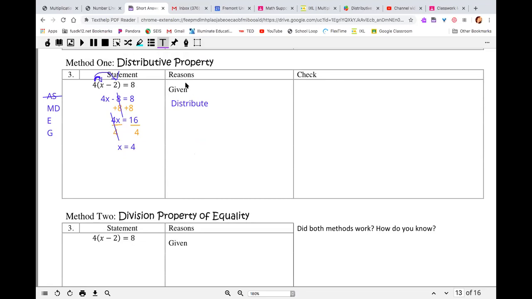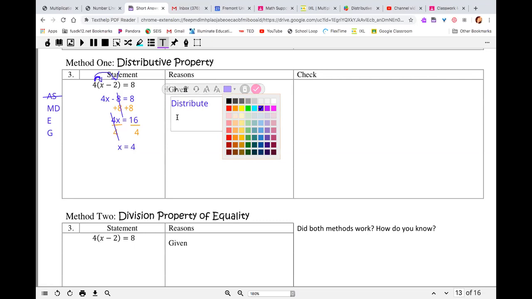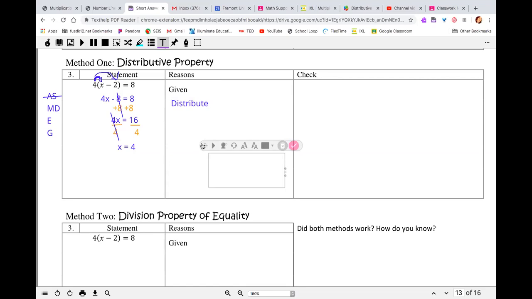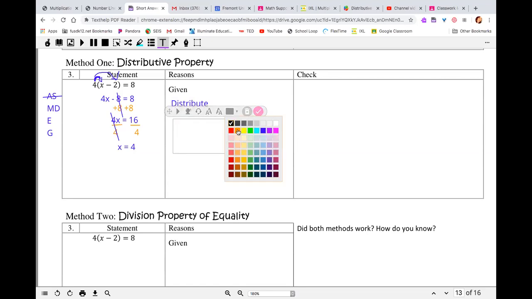And then now we're over here to our reasons, and I told you guys when we distribute, we can draw our arrows over here, and we can write the word distribute. So what else am I writing after that? DPOE.